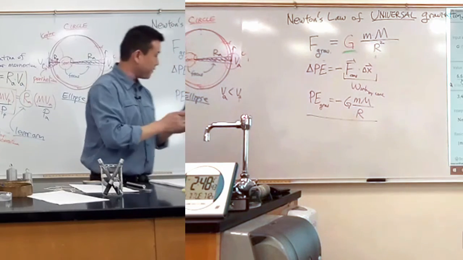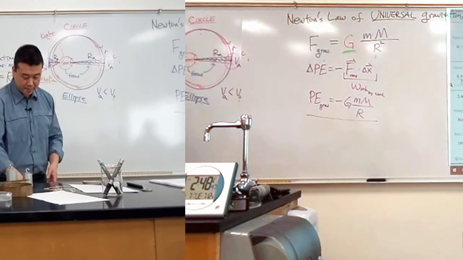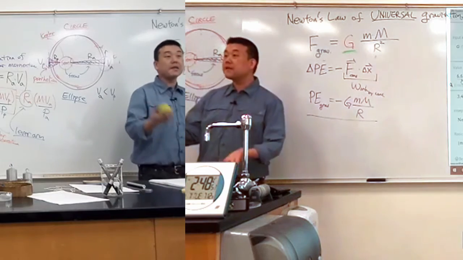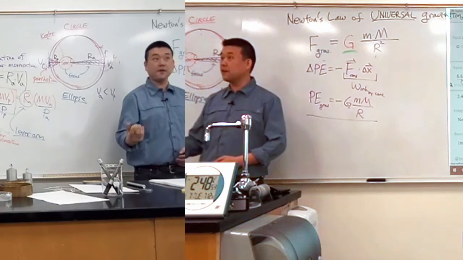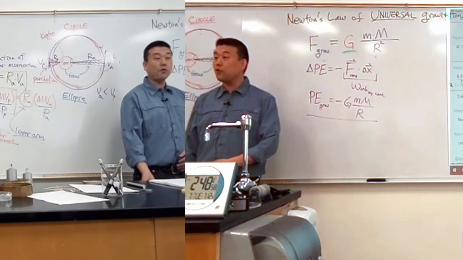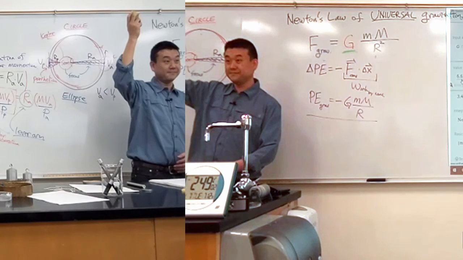So this is the question that I'm trying to answer. Have you heard the maxim that says what goes up must come down, right? I challenge that maxim and say what goes up doesn't have to come down if it goes up fast enough.